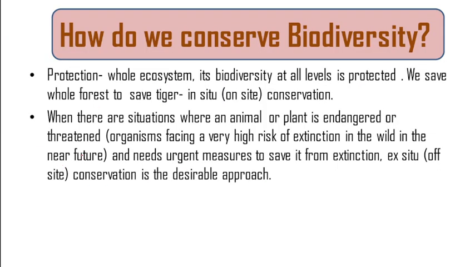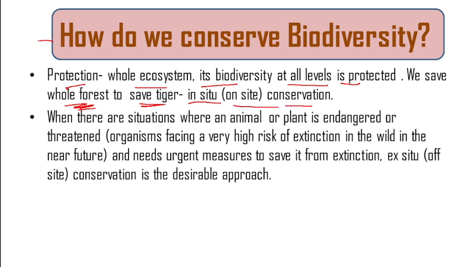Now let's move further. How do we conserve biodiversity? First of all, protection of the whole ecosystem. If we do that, then biodiversity at all levels is going to be protected. For example, if we save the tiger, then in turn the whole forest is saved. This is called in situ or on-site conservation.